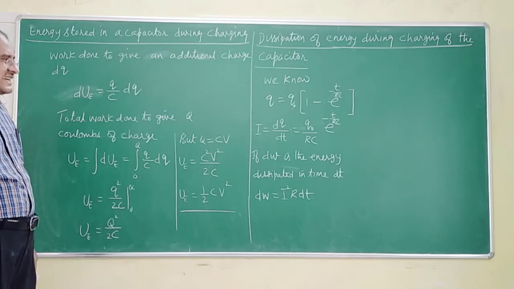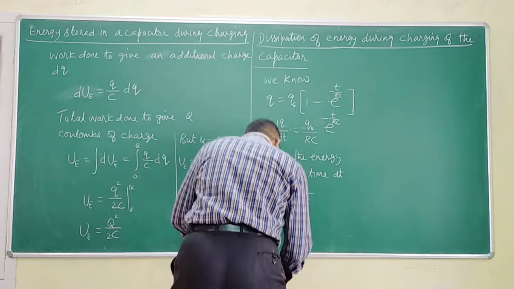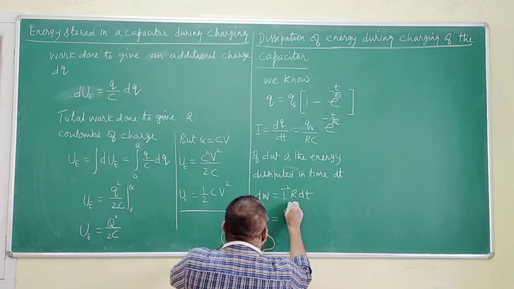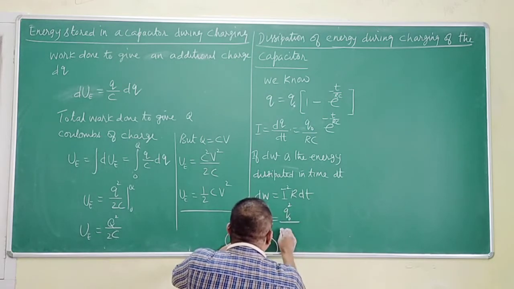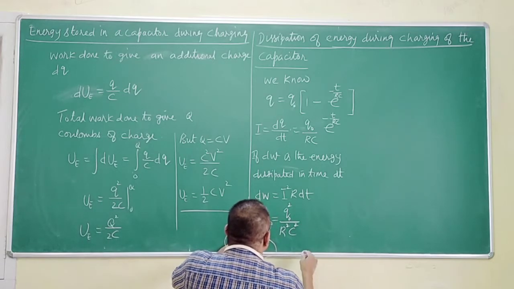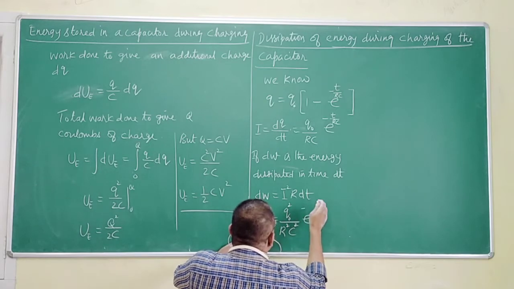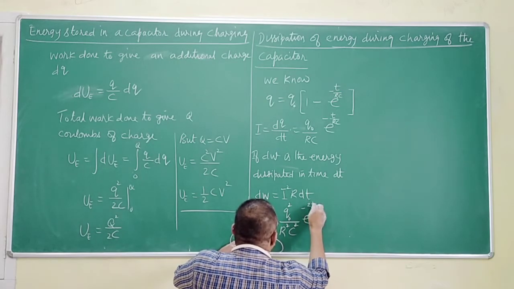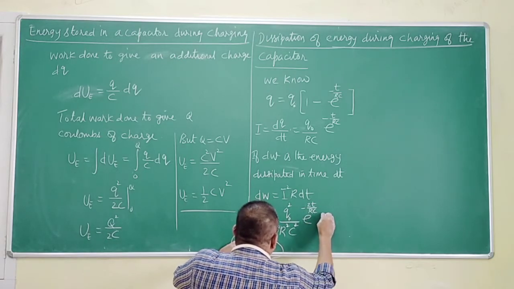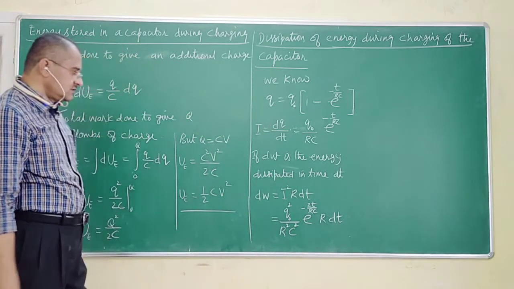Which means I have to substitute now for I squared. Okay? This will become q naught squared upon R squared C squared into e to the power, if you square this, minus 2t upon RC into R into dt. Okay?